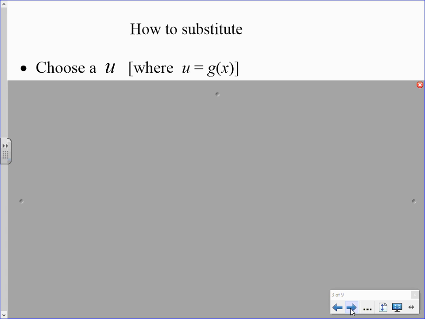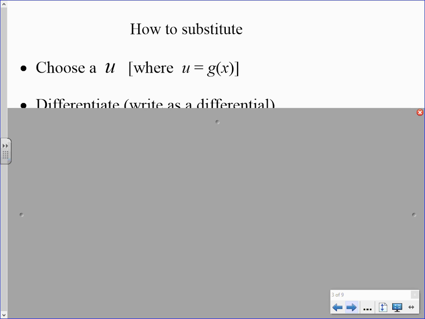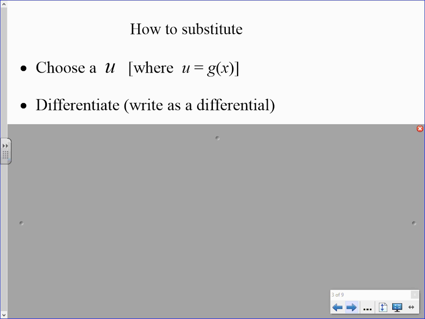Once we have written u equals g of x, then we are going to take the derivative and write it as a differential. You remember where we had like dy equals 5 dx? The dy and the dx were split apart in differentials.